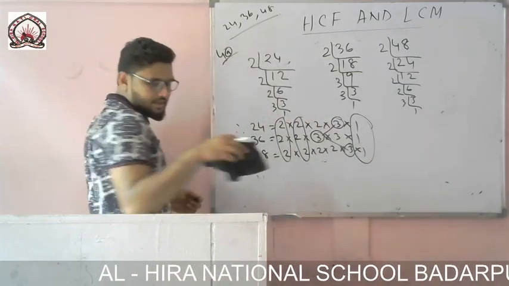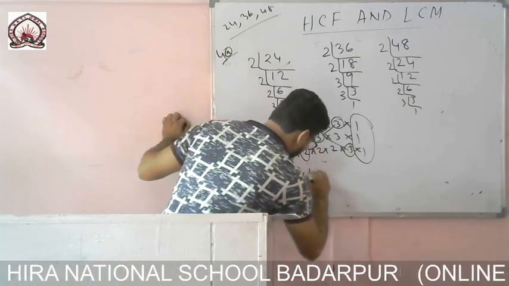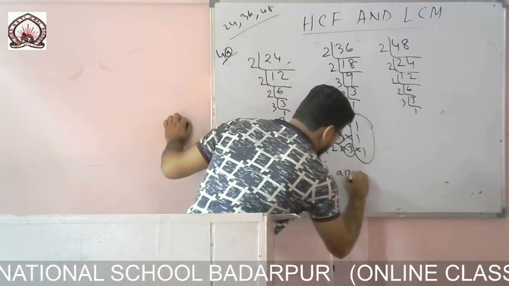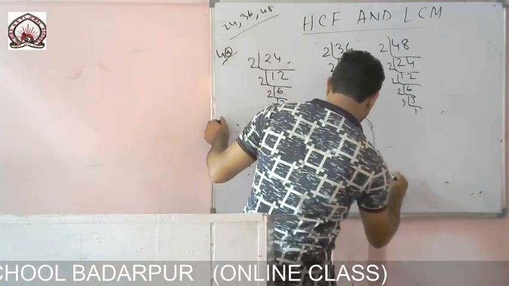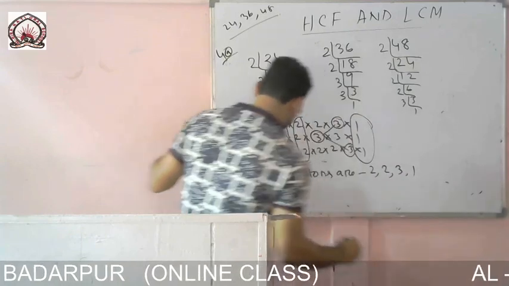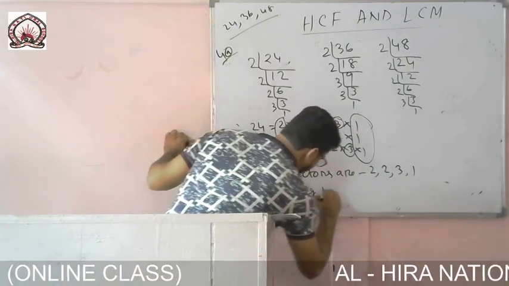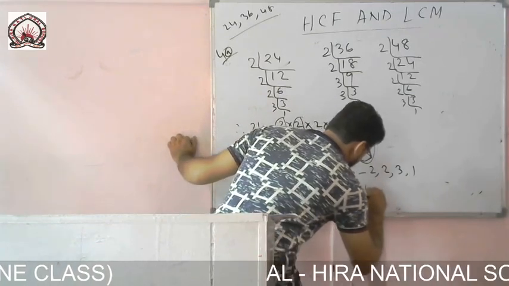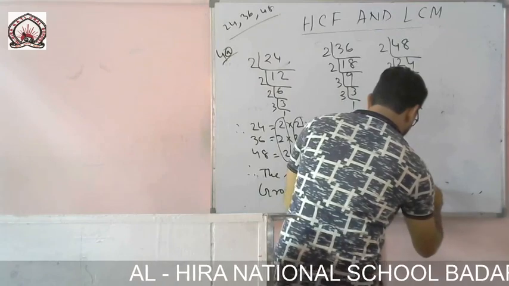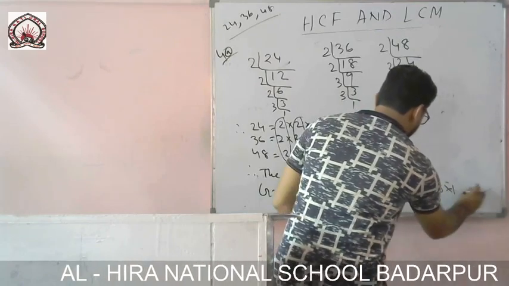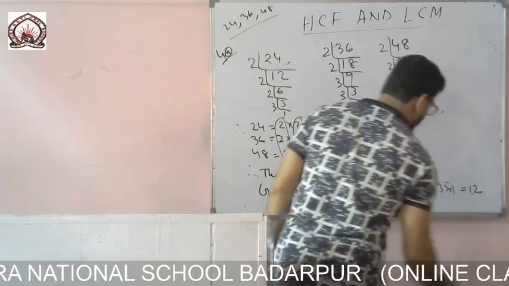Therefore write the factors are 2, 2, 3, 1. Now write grouping the factors: 2 into 2 into 3 into 1, it is 4 3s are 12.